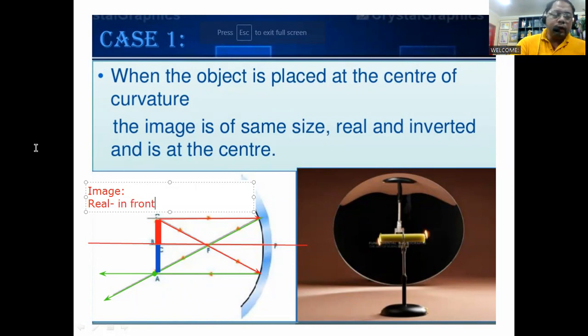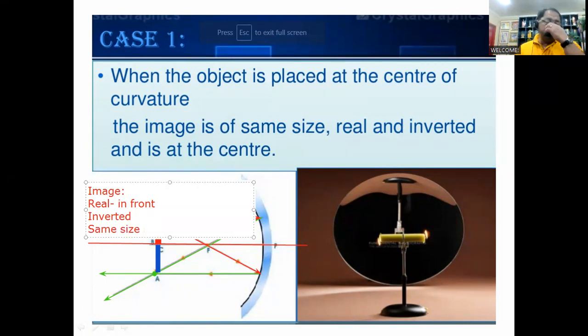Now, another one is that it is inverted. Look at the head. The head is on the other side, downward. And then, same size. It's not enlarged, it's not reduced, but it has the same size.